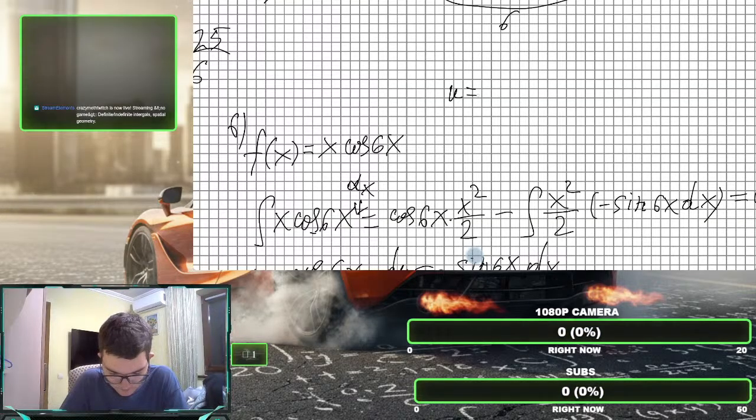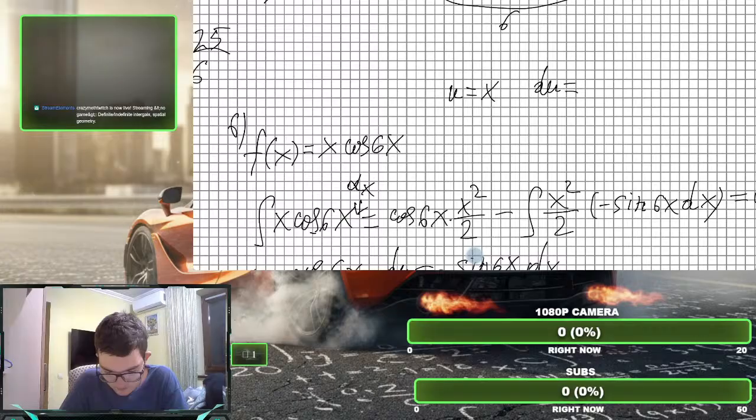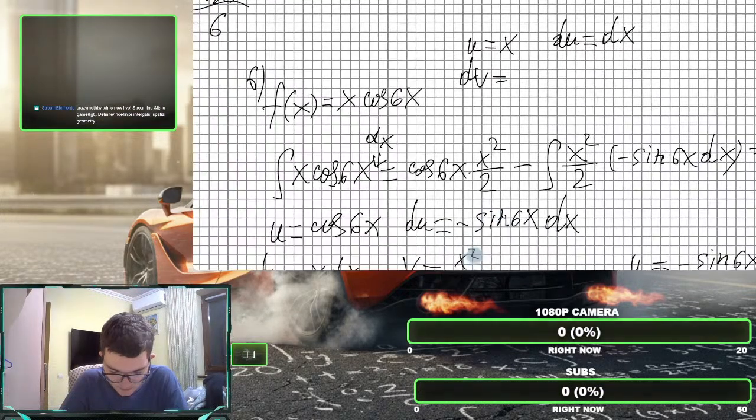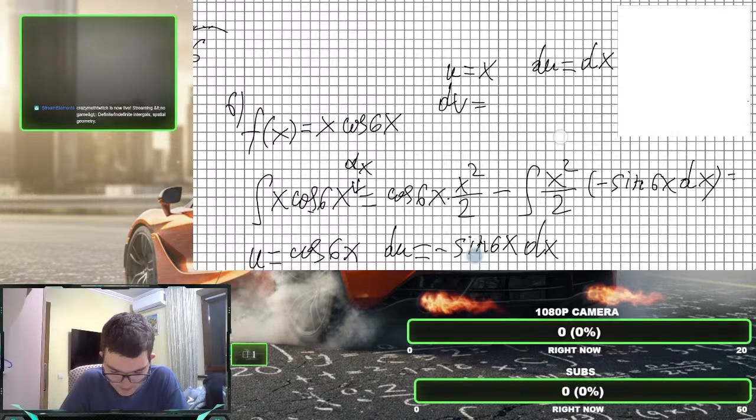U is x, so du will be the derivative of this. So it's just dx, right? And dv actually is cos 6x dx.